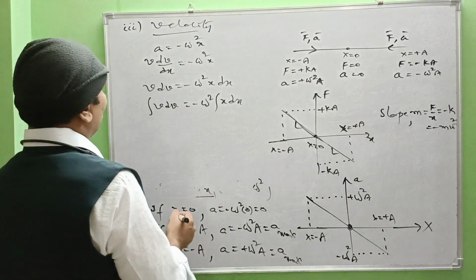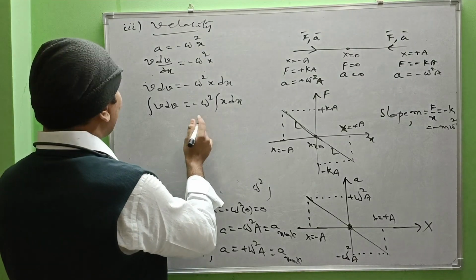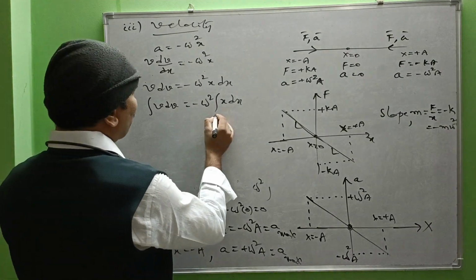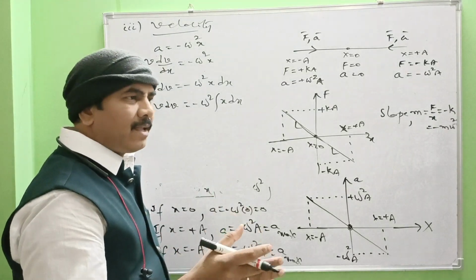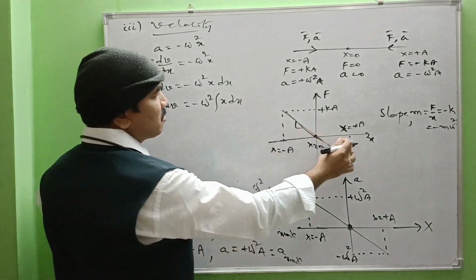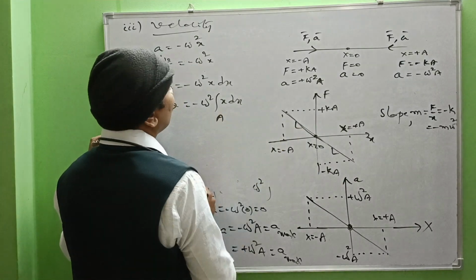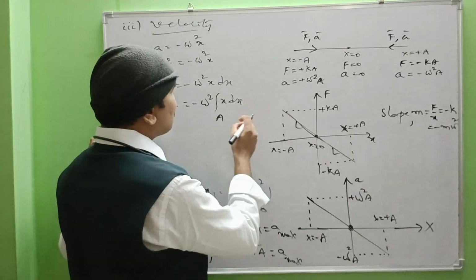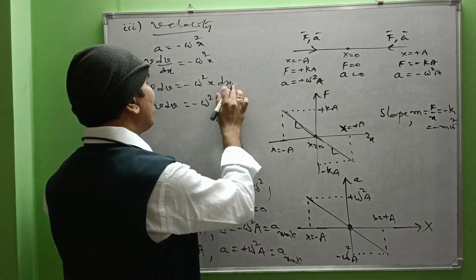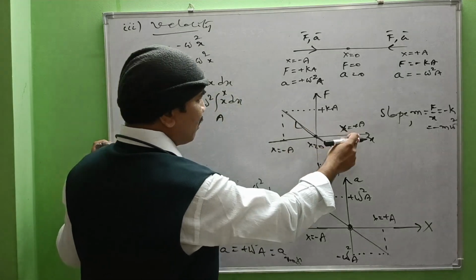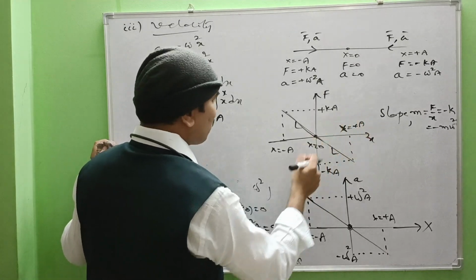Suppose the particle is initially at the extreme position on the positive side, that is plus a. Eventually it reaches a position x. So what are the limits here? A to x. When the particle is at the positive extreme position, what is the speed?